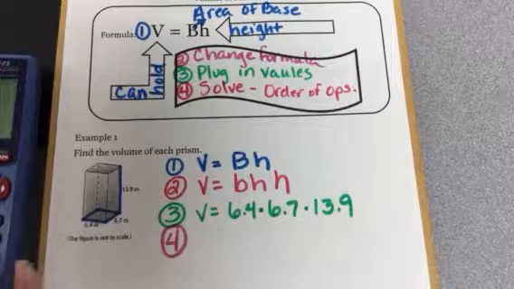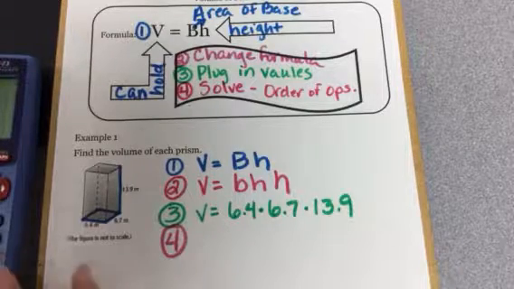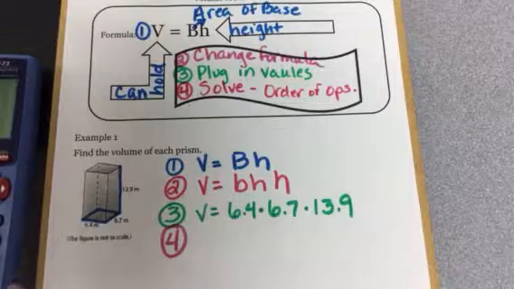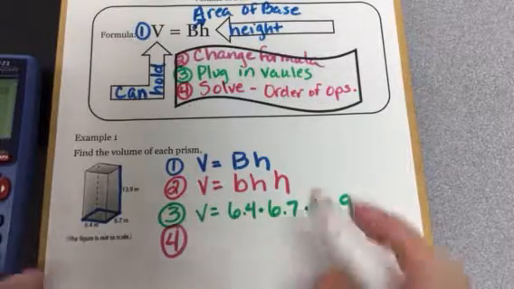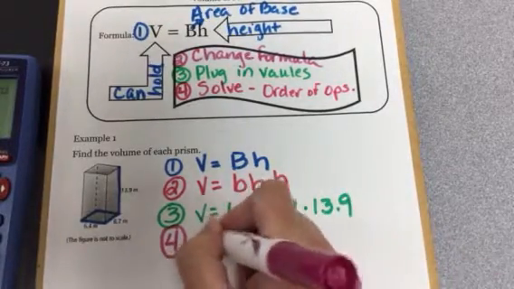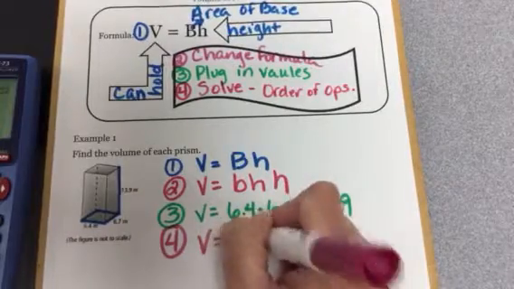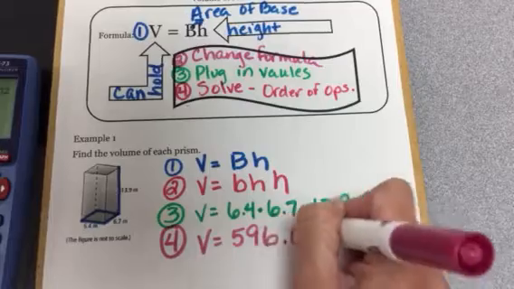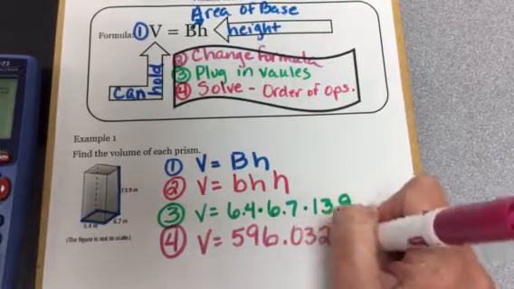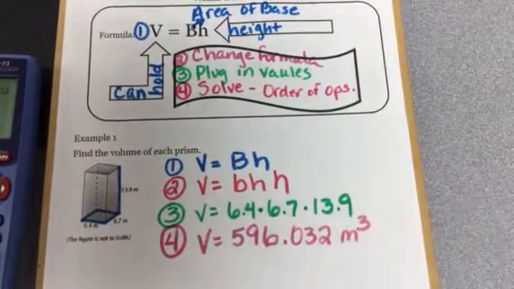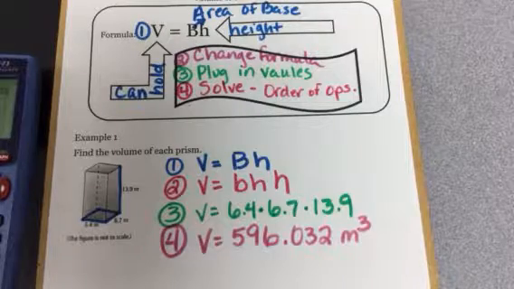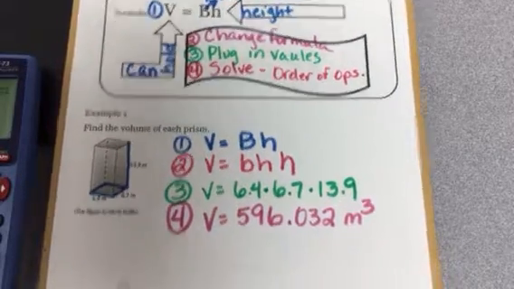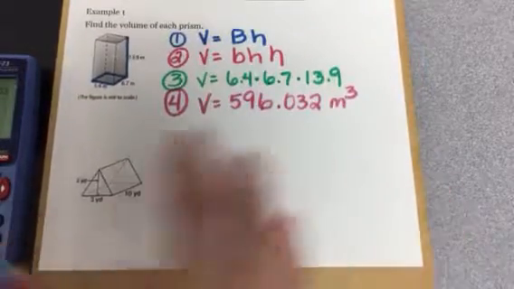So I'm going to multiply 6.4 times 6.7 times 13.9. And I'm going to get the volume is equal to 596.032 meters cubed. And it's important that you put that 3 and understand that that means that it's a 3-dimensional figure.